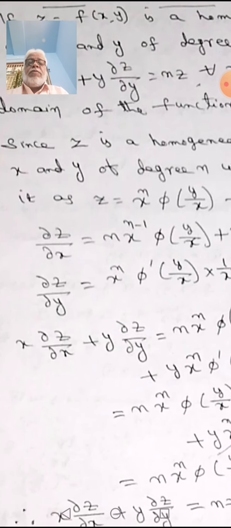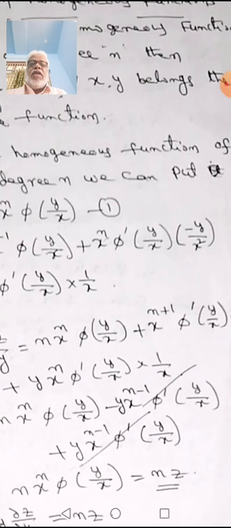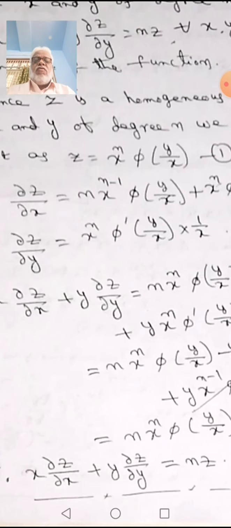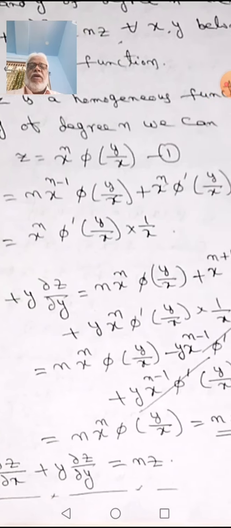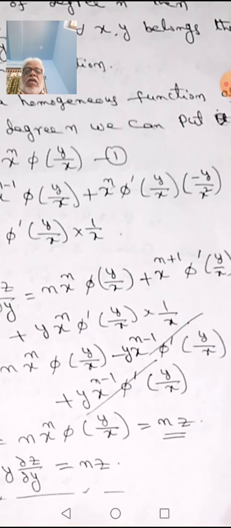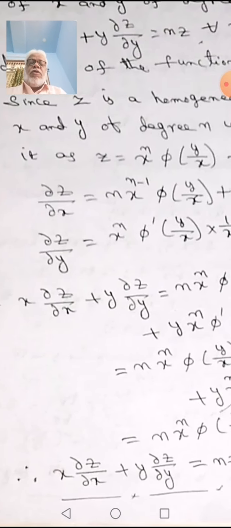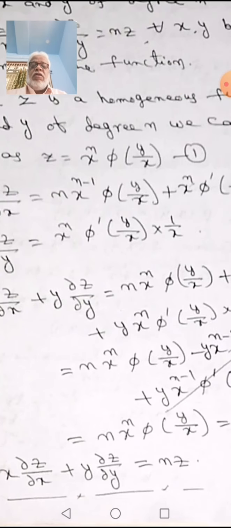It is n into x power n minus 1 into x, that is x power n phi of y by x, plus x power n into x, that is x power n plus 1 phi dash y by x into minus y by x square, plus y dou z by dou y, that is y x power n phi dash y by x into 1 by x.